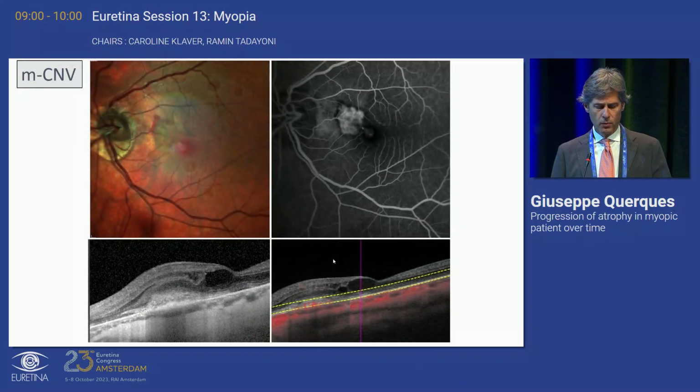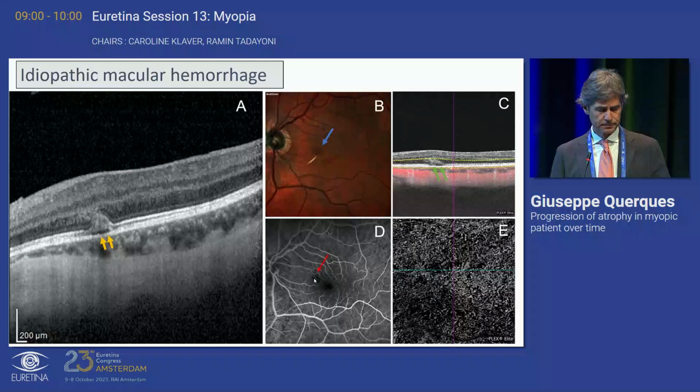With multimodal imaging, putting together FA and OCT angiography, we had the confirmation in all cases that the absence of the binary sign is related to the presence of new vessels. And this is the binary sign instead in a case without new vessels.